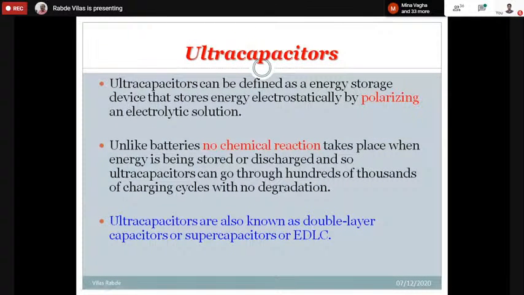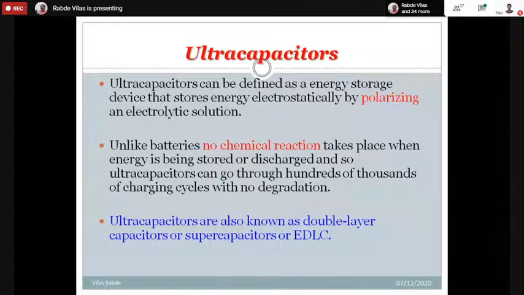Supercapacitors or ultracapacitors can be defined as an energy storage device that stores energy electrostatically by polarizing an electrolytic solution. Unlike batteries, no chemical reaction takes place when energy is being stored or discharged in the ultracapacitors. They can go through hundreds of thousands of charging cycles with no degradation.